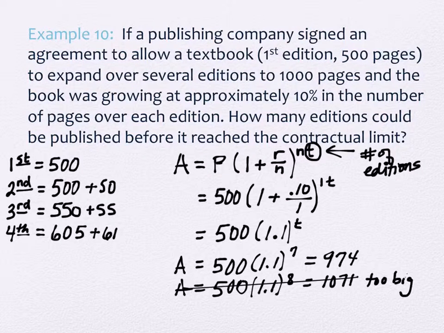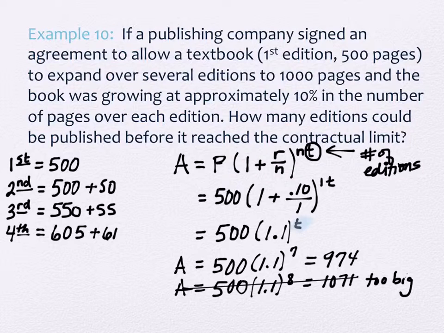And here is what we did when we saw this before. Do you remember when we did geometric sequences, we didn't put just n up there at the top? Do you remember what we put? We put n minus 1. Y'all remember that? N minus 1 was our exponent. If we actually used our exponent as n minus 1, then we would have 8 minus 1, which is our 7 for the 8th edition of the book.